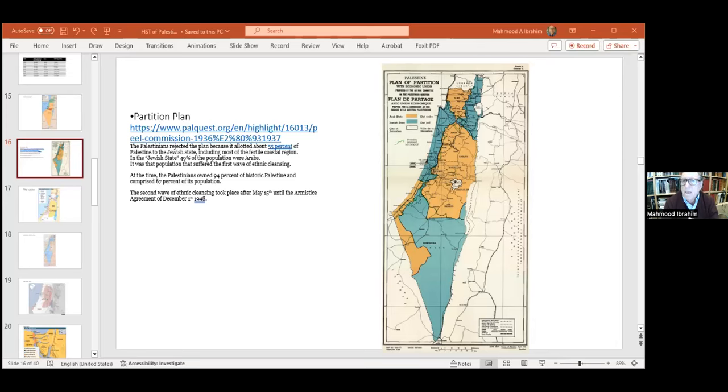On the contrary, they trained and gave arms to the Jewish militias. So it was an imbalance of forces that resulted in the great flight of Palestinians from their homeland under threat of the gun. This is what happened to my village, Jimzu. Jimzu was evacuated, ethnically cleansed after July 11th, 1948.